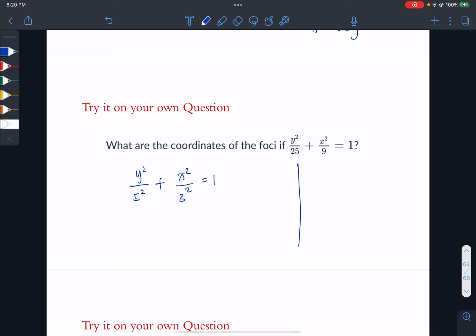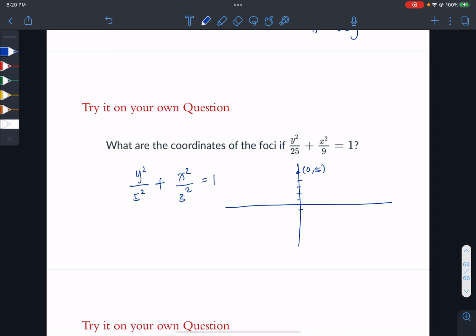So since 0, 0 yan, tapos ang mas mataas is nandun sa y, therefore yung major axis natin is nasa y, which is 5 units. So this would be 1, 2, 3, 4, 5, so this would be 0, 5.